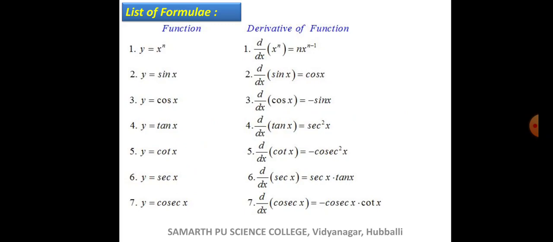In the derivatives of trigonometric functions, all c's are negative. All c's means cos, cot and cosec, all are negative. This is the first point. So here, minus sin x, minus cosec square x, minus cosec x into cot x.